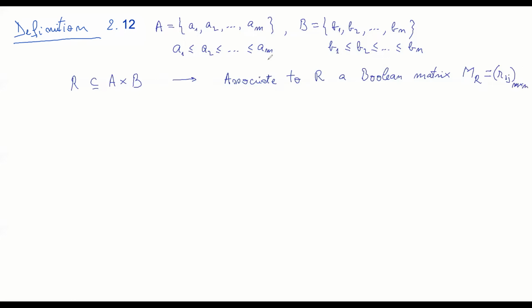So it's going to have m rows, as many elements as A has, and n columns, as many elements as B has.